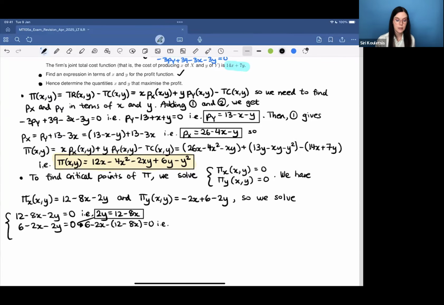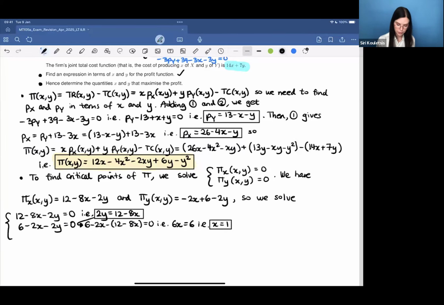And we have minus 2x plus 8x, that's 6x. 6 minus 12, that's minus 6, and that's equal to 0. We can send this minus 6 to the other side. So 6x equals 6. So x equals 1.